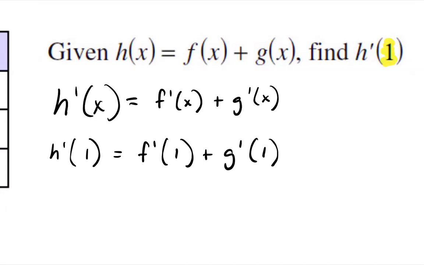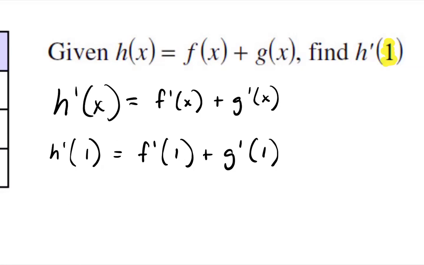If I had f prime of x equals x squared plus 2x minus 1, and I said find f prime of 1, wouldn't you just plug in 1 everywhere you see an x? It's the same thing here.